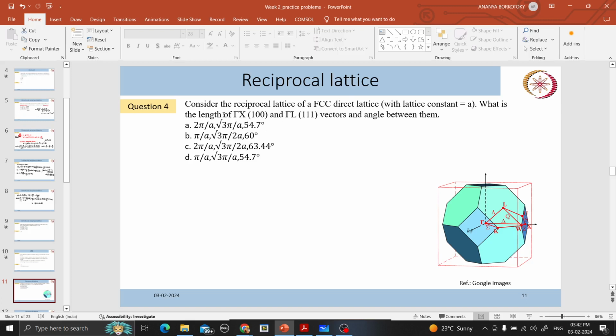For the angle, you can directly use these two vectors given as 1, 0, 0 and 1, 1, 1. Those are the directions. So gamma to X is 1, 0, 0, and gamma to K or gamma to L is 1, 1, 1.